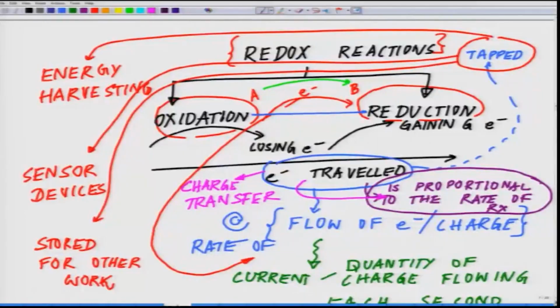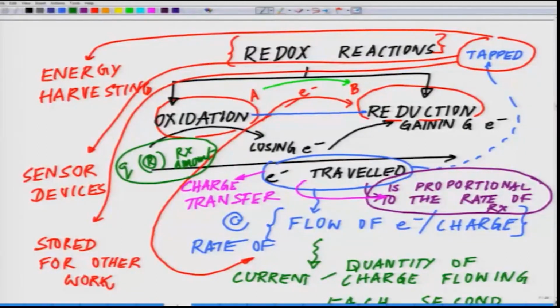Now, if you look at this, essentially what you are doing, this is where the concepts come, you are relating charge and its relation some way or other, I just put it some form of relation with the amount of reaction, how much reaction has taken place, because depending on how much charge has traveled proportionally.